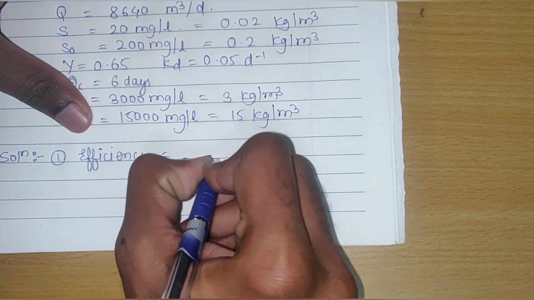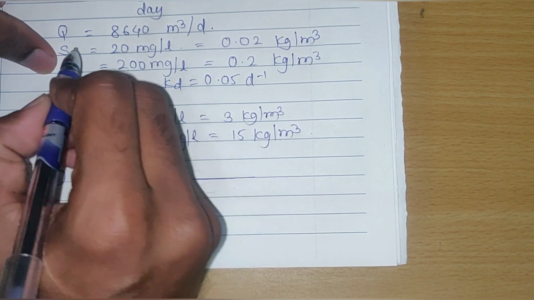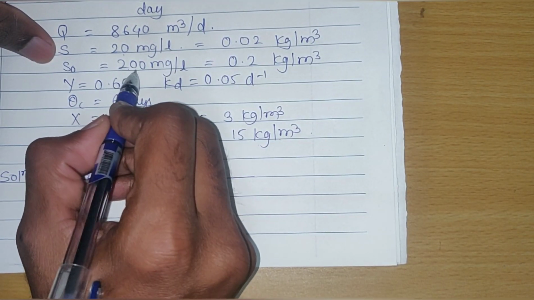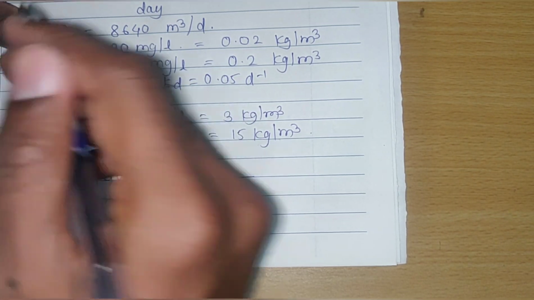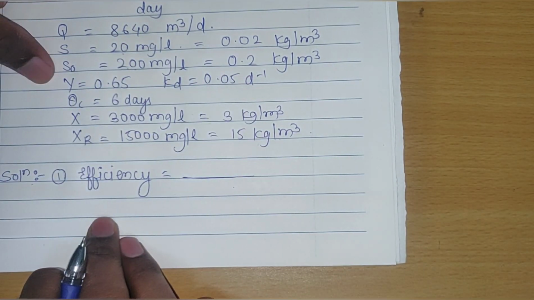That means BOD removed: influent BOD is 200 and effluent BOD is 20, so out of 200, 20 is remaining. That means 180 of BOD is removed. That's why 180 divided by 200 is your efficiency.